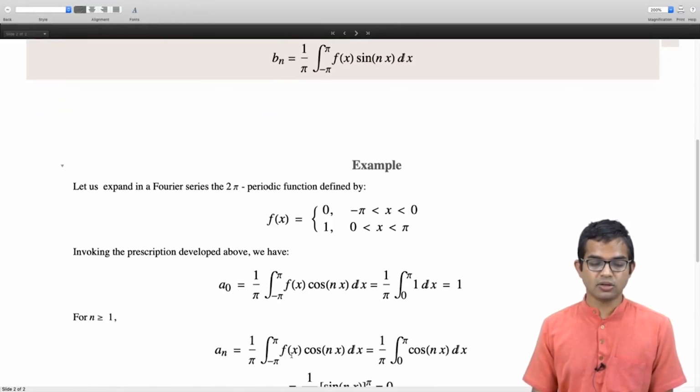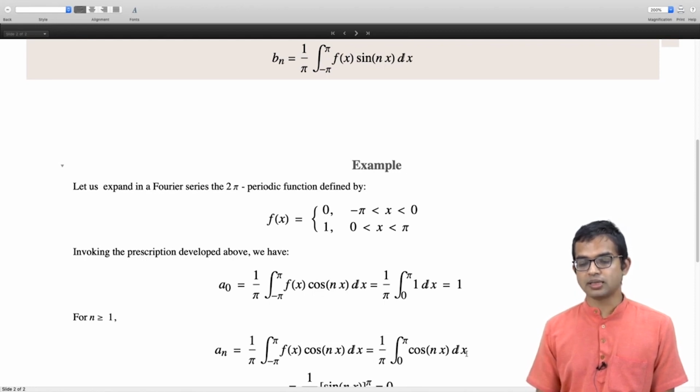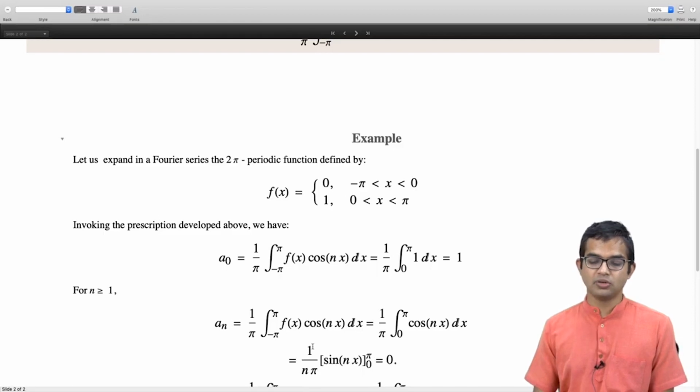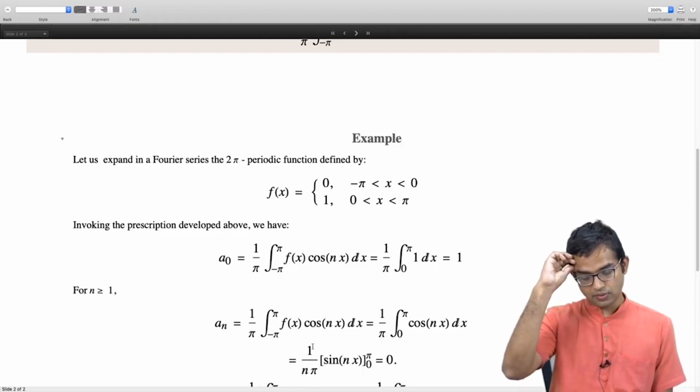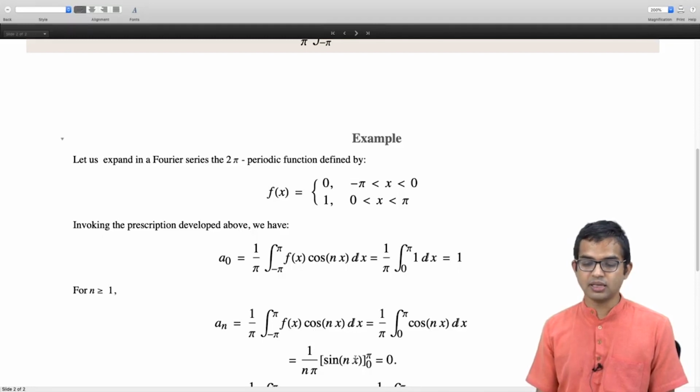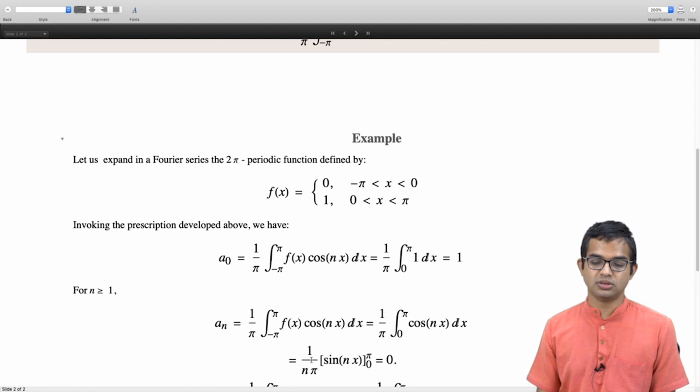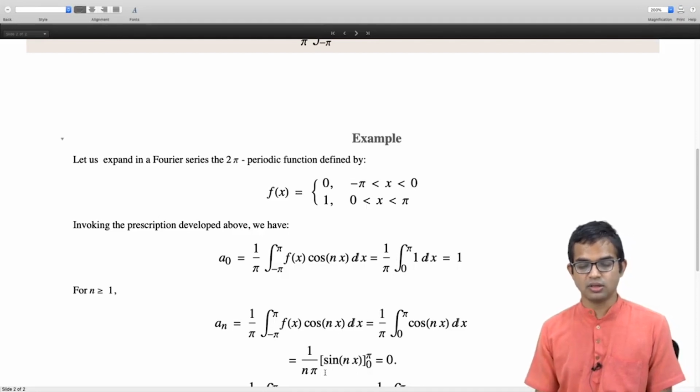But if n is greater than or equal to 1, a_n is 1 over pi, integral from 0 to pi of cosine of nx dx. Now you get 1 over n pi times sine of nx from 0 to pi, but sine is going to be 0 both at x equal to pi and x equal to 0, unless n is 0, which we have already seen. That's a separate case. You cannot blindly put it into this.